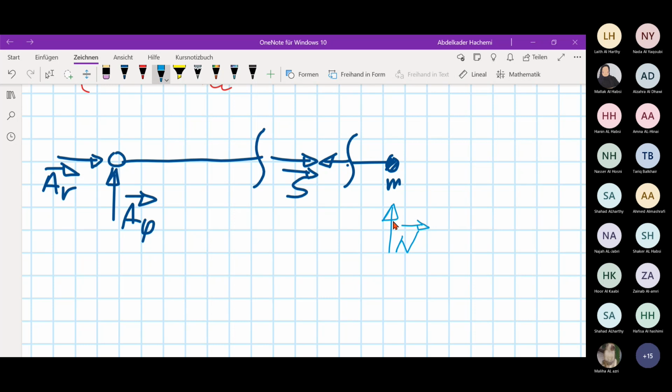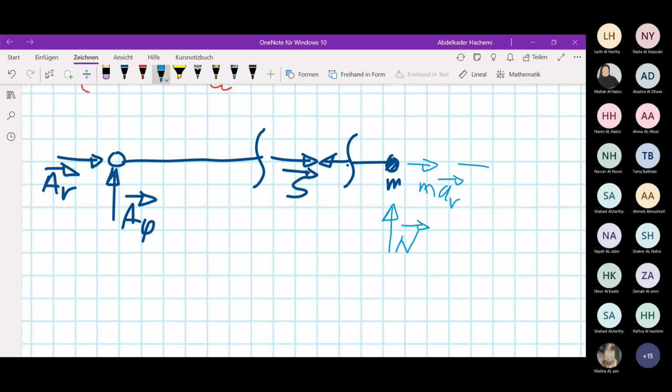We have now the different accelerations, or let's say inertial forces. We have in this case here M AR due to the radial acceleration.